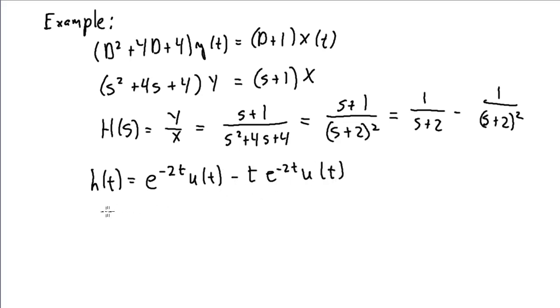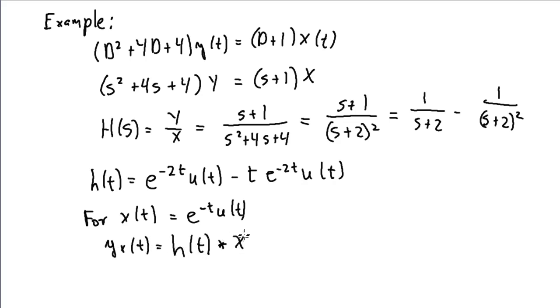Okay. Now for my given x(t) equal to e to the minus t u(t), I can, from my convolution table, carry out the convolution of h(t) and x(t), and with a little bit of algebra, what I get from this is just t e to the minus 2t u(t), which again is my zero state response.